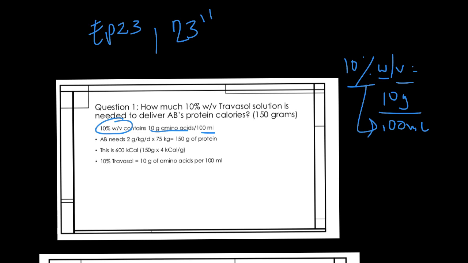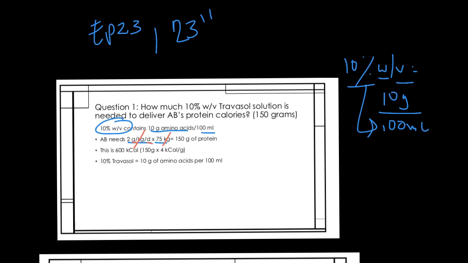Per the nutrition reference sheet on Blackboard, look at the nutrition reference sheet. Per page 2, hospitalized adults need 2 grams per kg per day of protein. She's 75 kilograms, so 2 grams per kg per day times 75 kilograms. The kilograms cancel to leave you with grams per day.